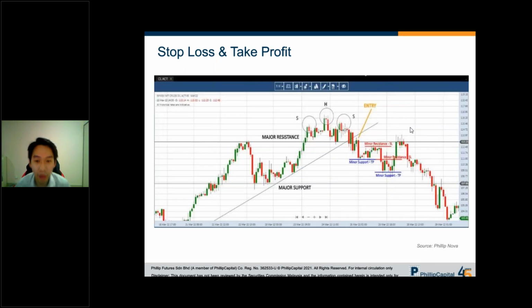This is using the same entry point that I shared with you earlier. Now we will further enhance it into a stop loss and take profit level. After we enter at 113.15, based on the yellow entry point, how are we going to manage our trade and determine our stop loss and take profit?